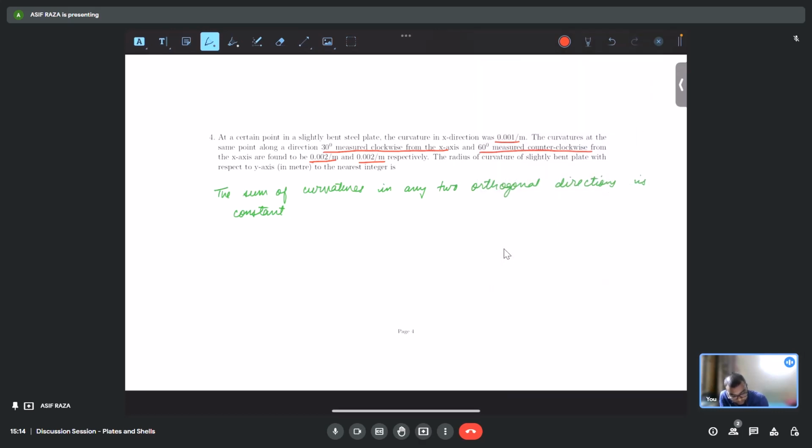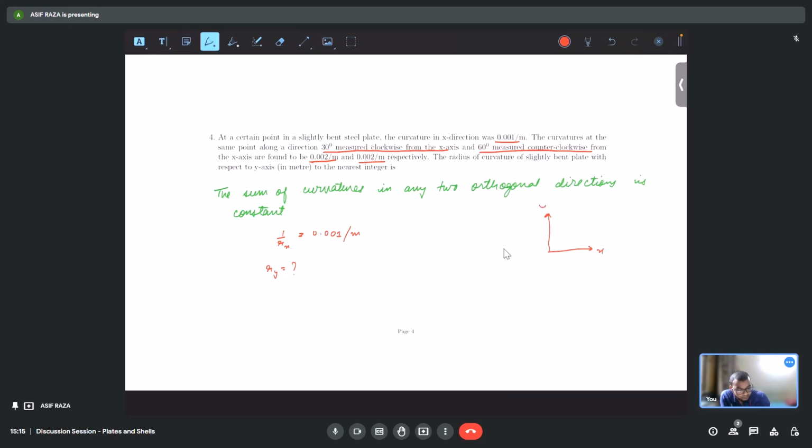we are given 1 upon Rx equal to 0.001 per meter, right? So we have the x-axis, we want to find Ry, the curvature in y direction.